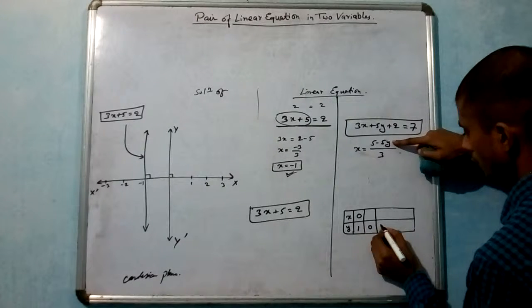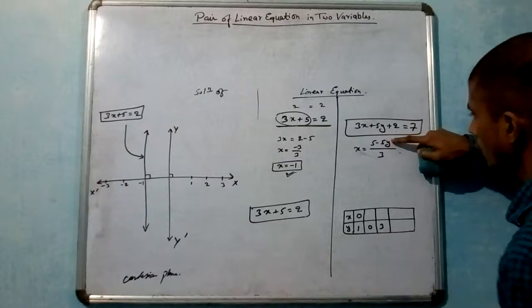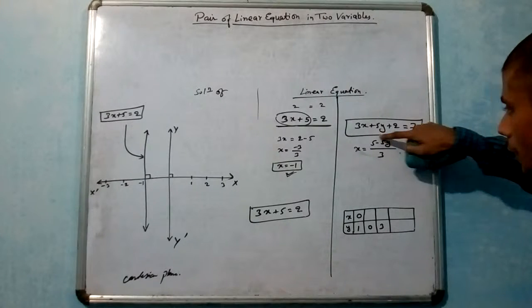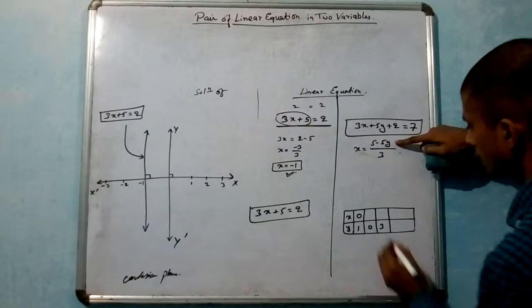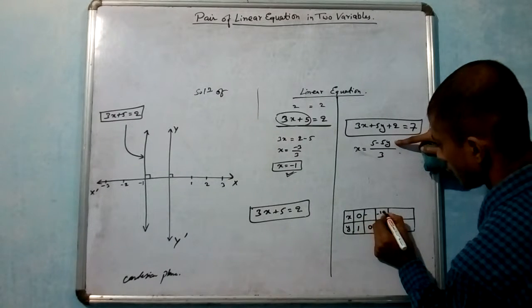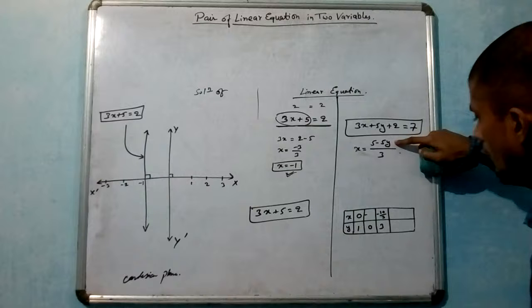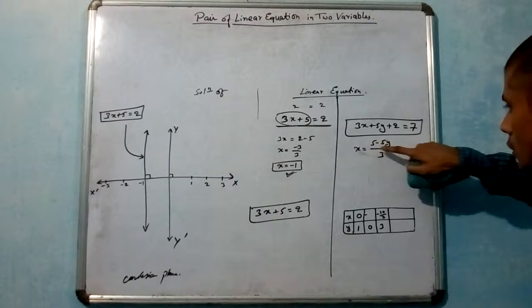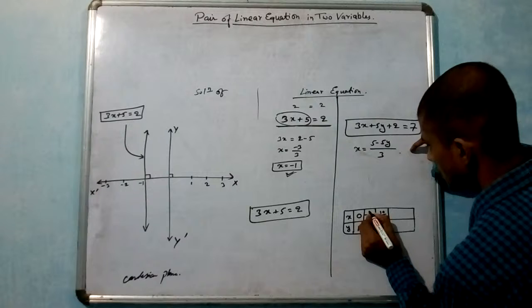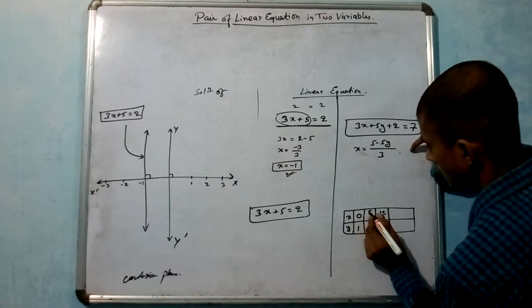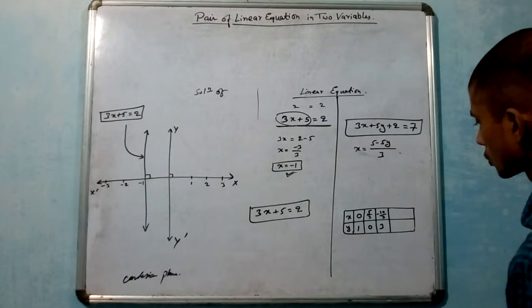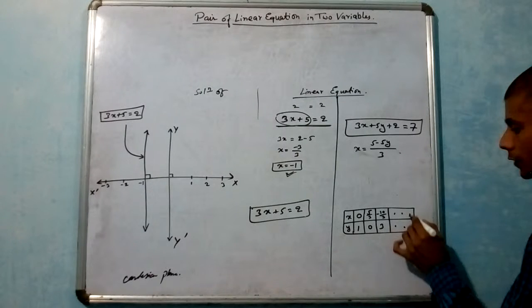Say y is 3. If you put y as 3 here, then it becomes 15, and 5 minus 15 means minus 10 by 3. So x we will get minus 10 by 3. If we put y as 0, then this will make 0, so 5 minus 0 is 5, and x is 5 by 3. So like this we can go on finding.